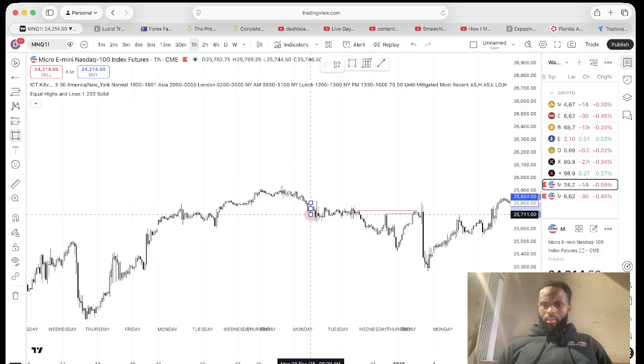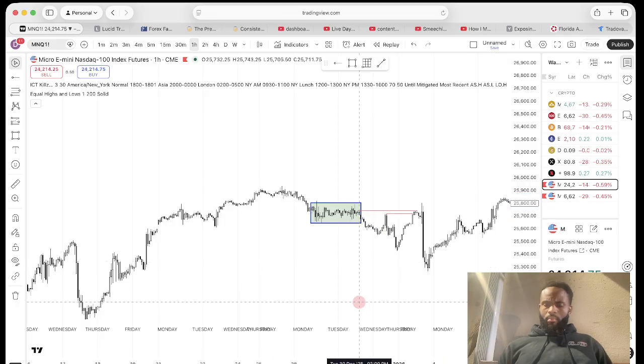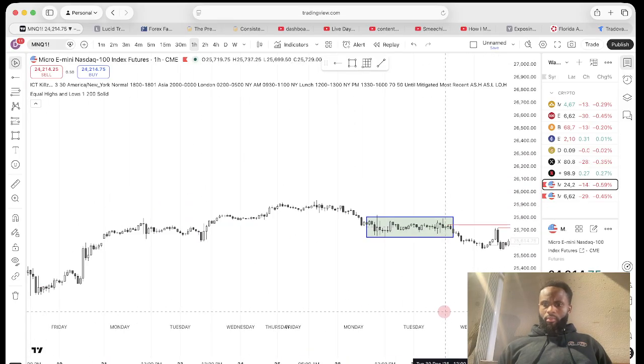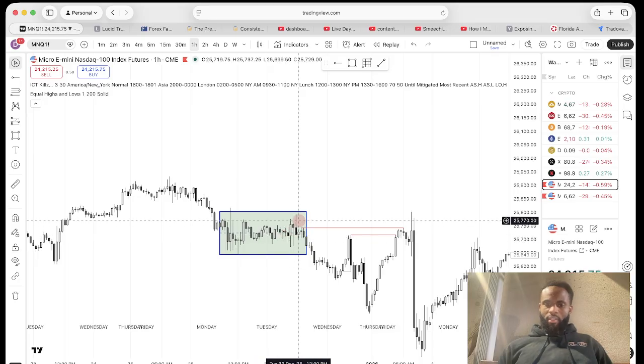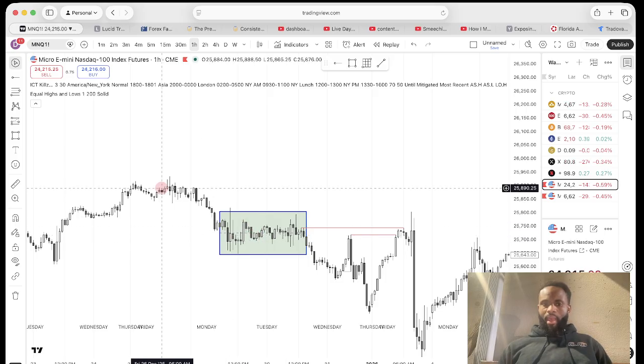So this is a perfect example of consolidation. You see how we're pretty much just in a box. We're not really making higher highs or higher lows. We're just chopping around in the same range. This is consolidation. Sometimes this is how the market likes to move. It's not going down or it's not going up. We're just going sideways.